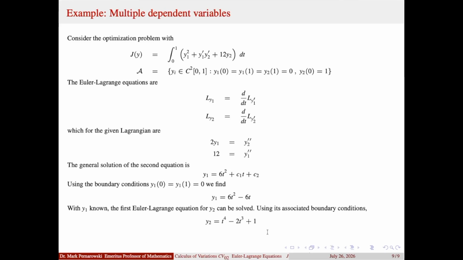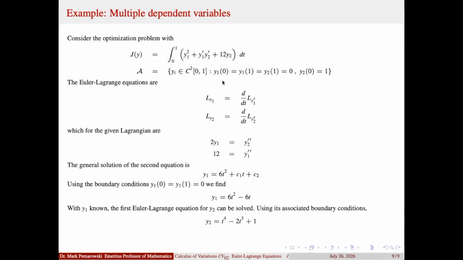Last thing I'm going to show you is this one here. This is written in the notation of what we had before. I've got a y1 squared term. I've got a y1 prime, y2 prime. I've got a y2 here. So this is like a function of y1s and y2s and y1 primes and y2 primes.